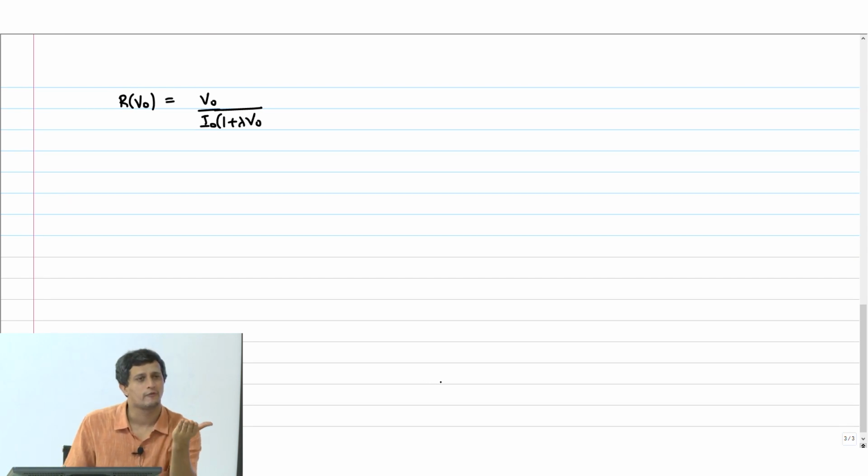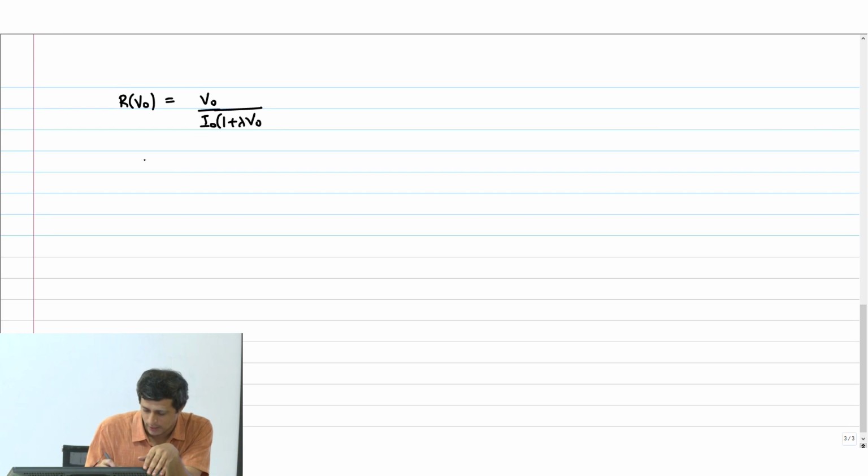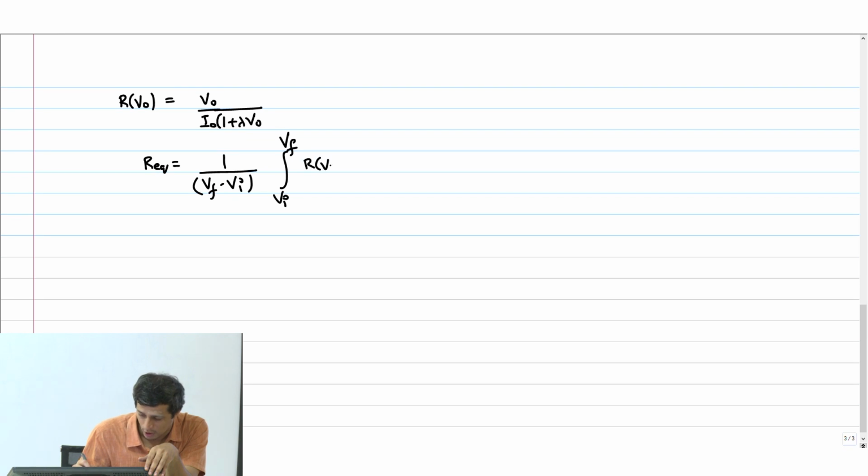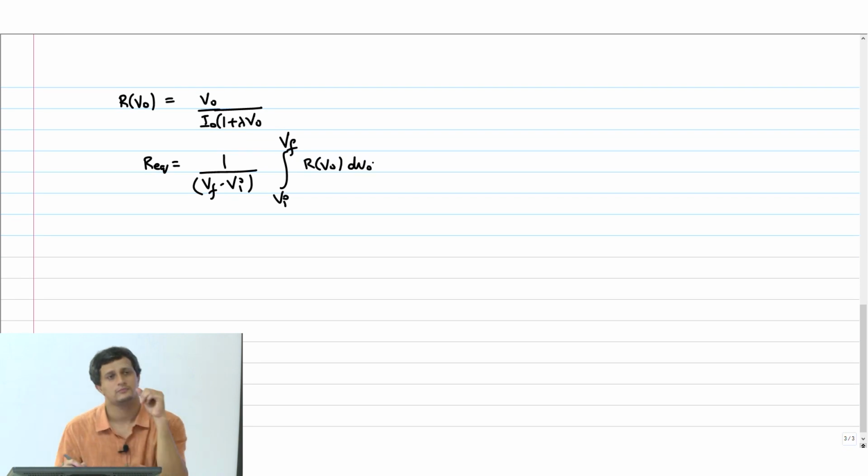Now I have a function f of x that is going from a to b. I want to find what's the average value. What do you do? You just integrate and divide by x2 minus x1, right? That's all I'm doing here. So I'm saying that R equivalent is defined as 1 over (V final minus V initial) into the integral from V initial to V final of R of V0 dV0. That's what I'm defining as the average resistance.